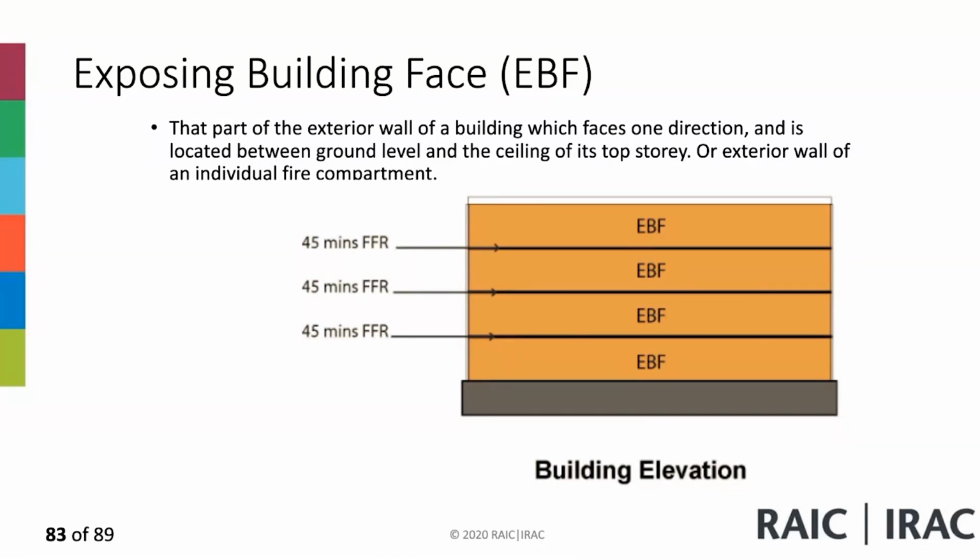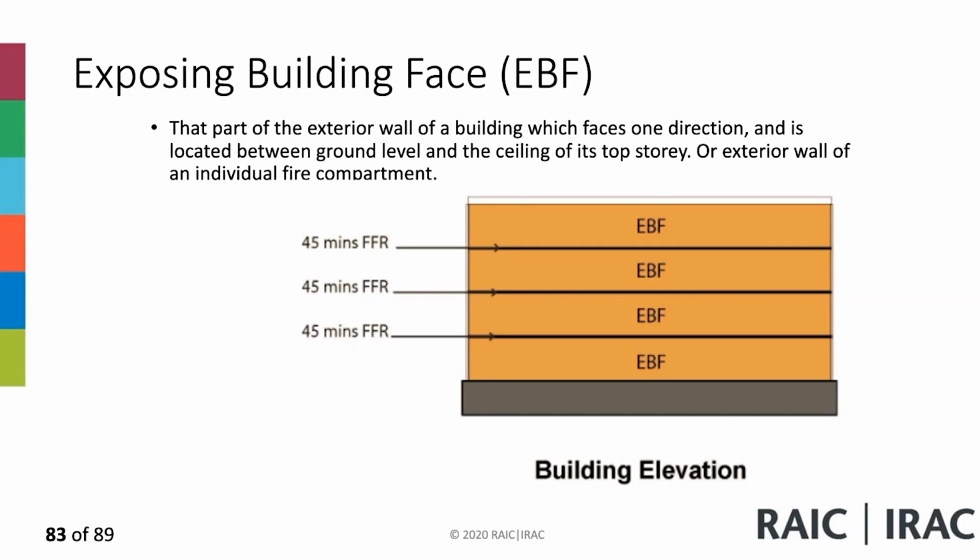That ratio is relevant only for buildings without sprinklers, and is based on your maximum exposing building face or compartment exposing building face. The fire compartment is defined as a fire compartment separated by a minimum of 45 minutes. So you may have a fire compartment with non-rated fire separations around it. Then you don't take it separately. You have to take the whole floor, and you take the exterior wall of that whole floor.